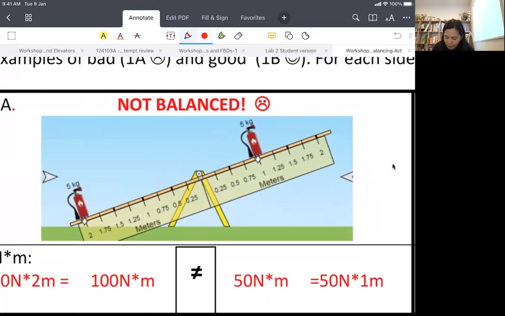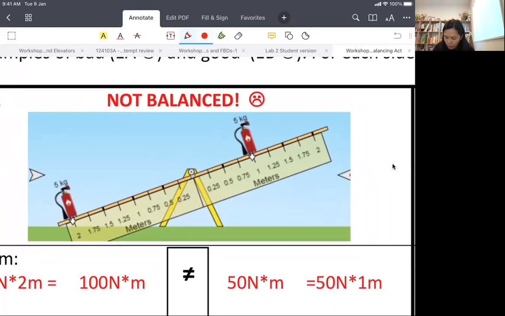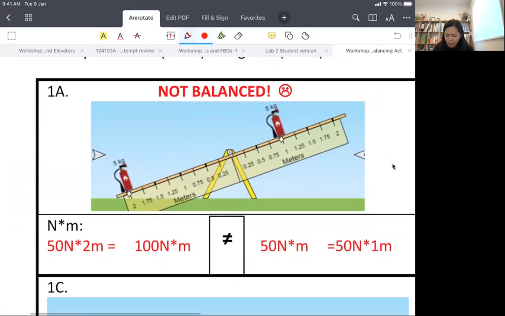So you have two 5 kilogram objects here. One is placed on the right 1 meter away from the support or pivot point, and the other is also a 5 kilogram object placed 2 meters away from the support.